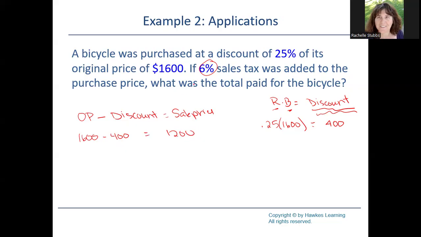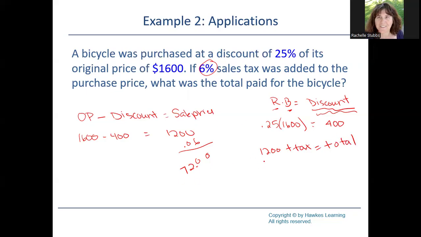Then we're going to times the sales tax. The way it works is you get your total of your goods purchased, then you times it by 6%, and that will give you your tax, which is going to be $72 in this case. Okay, so we're going to have 1,200 plus the tax is the total price.